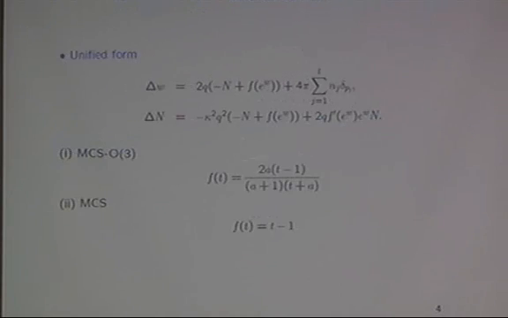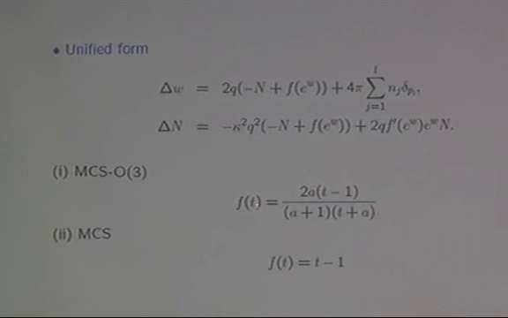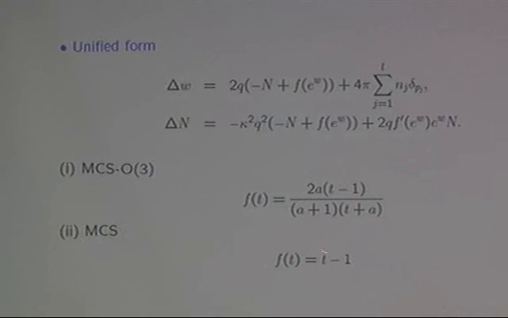In fact, we can find a unified form like this one. In the Maxwell-Chern-Simons O3 model, the function f is given by this function, and in the Maxwell-Chern-Simons model, f is given by this linear function. So we can write it in the unified form.